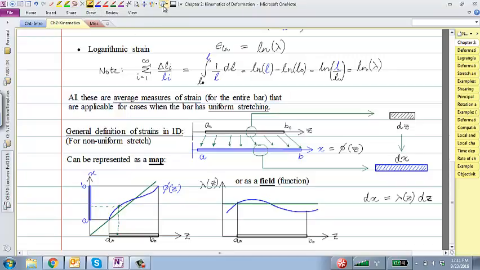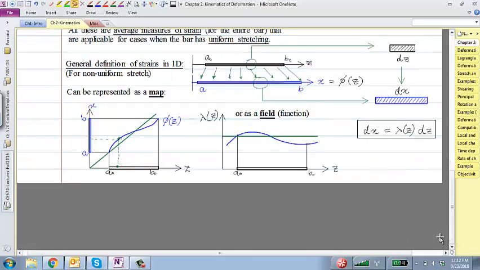So this one-dimensional quantity stretch that we have introduced helps us correlate how the change in length of any infinitesimal body in the undeformed configuration goes to the corresponding infinitesimal length in the deformed body. So this way of visualizing this change in lengths is going to be very important as we go forward.